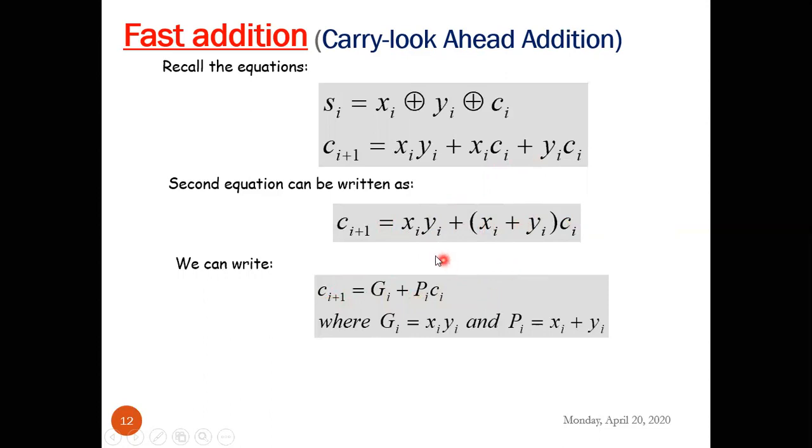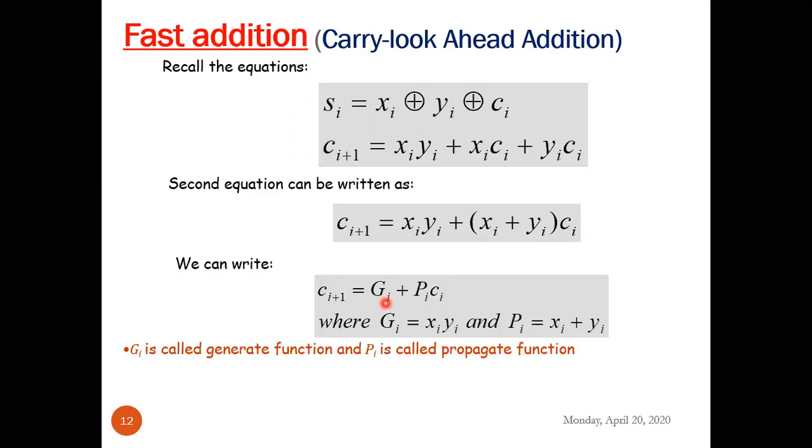There is a specific reason for calling gi and pi, where gi is xi into yi and pi is xi plus yi. Gi is called a generate function and pi is called a propagate function.